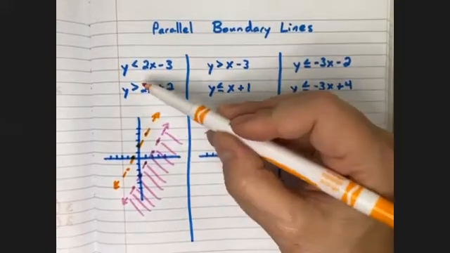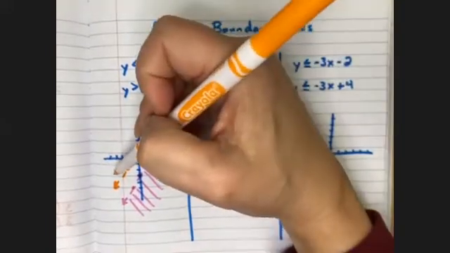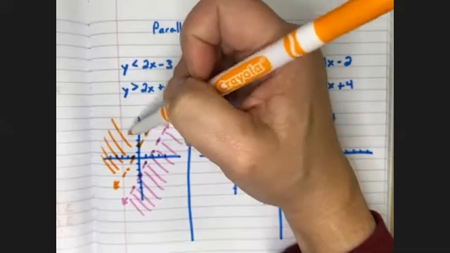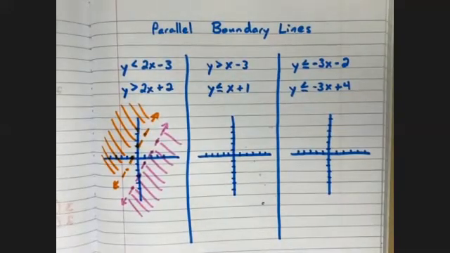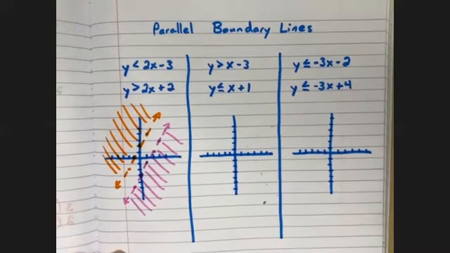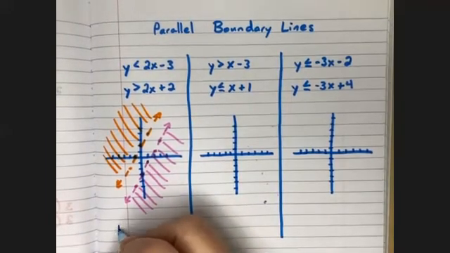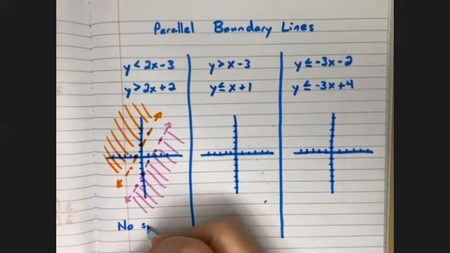And it's y is greater than, so which side do I shade? I shade on this side. So if I know that the solution is where they overlap, hopefully you can see that there is no overlap. So for this one, there would be no solutions.